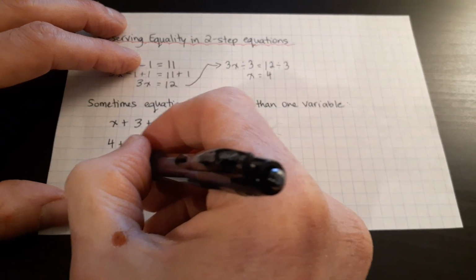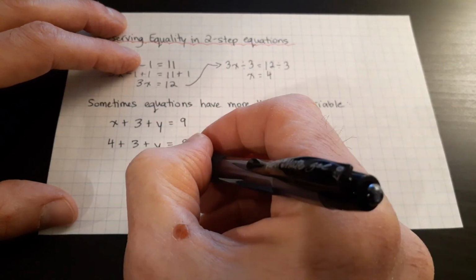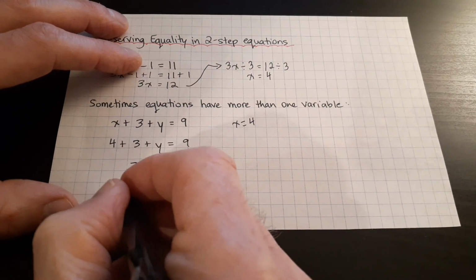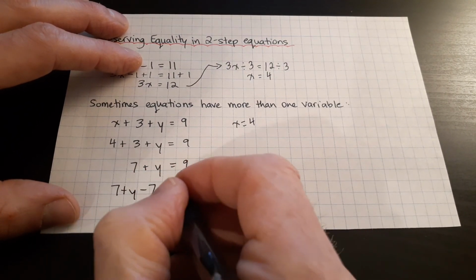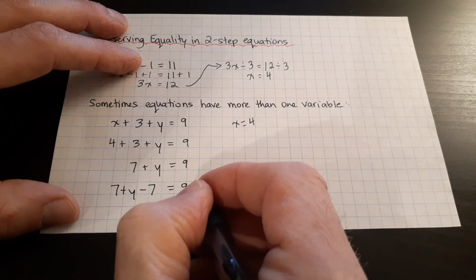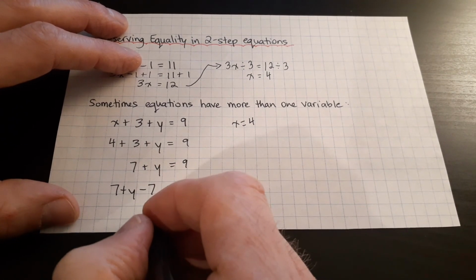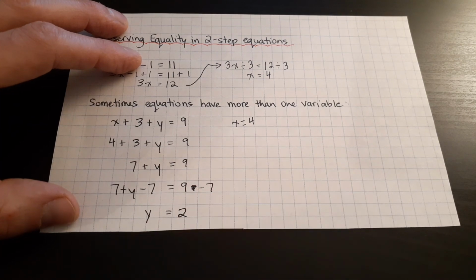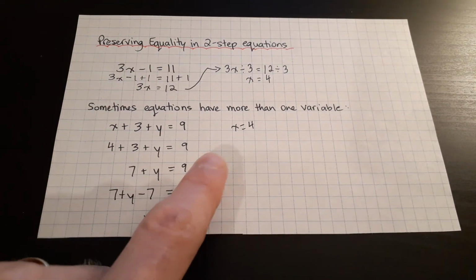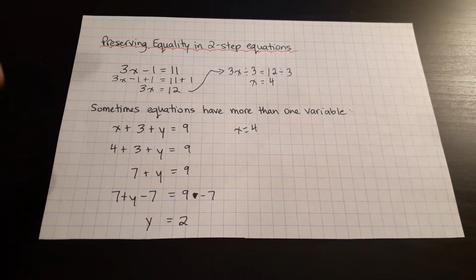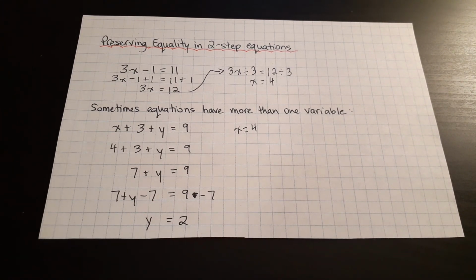That becomes 7 plus y equals 9. Then we want to get rid of that 7 off both sides, so 7 plus y minus 7 equals 9 minus 7. Sorry, not plus, minus 7. Then we're left with y on this side and 2 over here. So if we're given the value of one of the variables, then we can solve it. Otherwise, we can't.